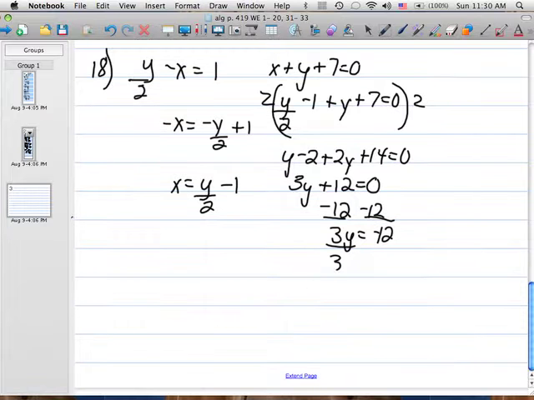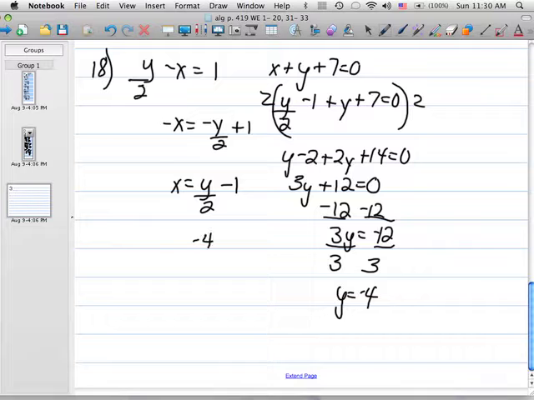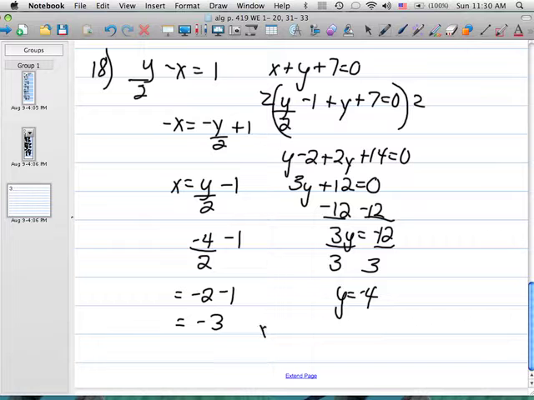And then divide by 3, and y equals -4. Substituting that back in here, -4 divided by 2 minus 1, that's -2 minus 1, x is -3. Ordered pair is x, y, x is -3, y is -4.